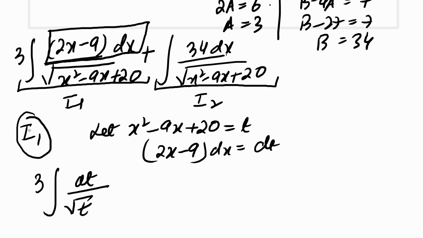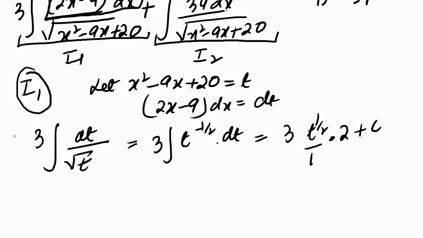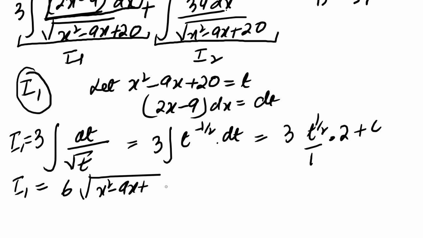So when we are solving for only I1, what will I get? t to the power minus half dt times 3. We will get 3 times t to the power half divided by half, plus c. Or we can simply write I1 is equal to 6 times under root of x square minus 9x plus 20, plus c.